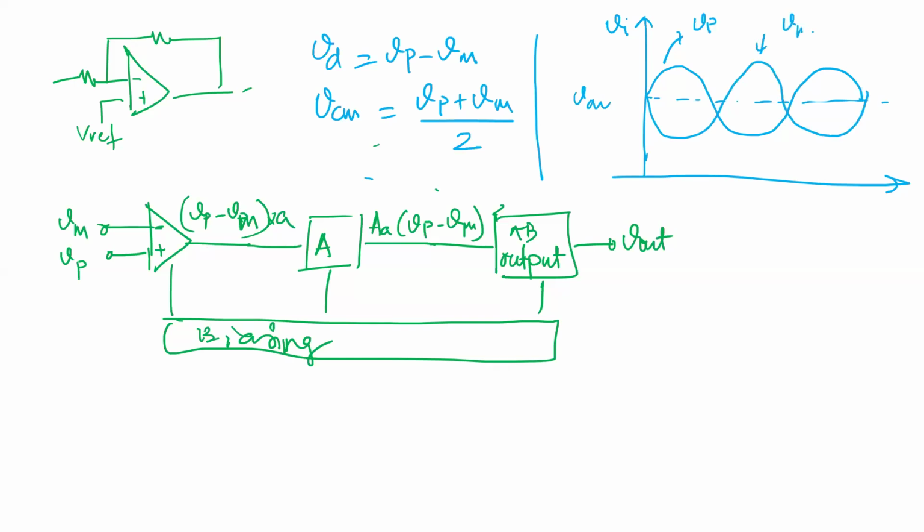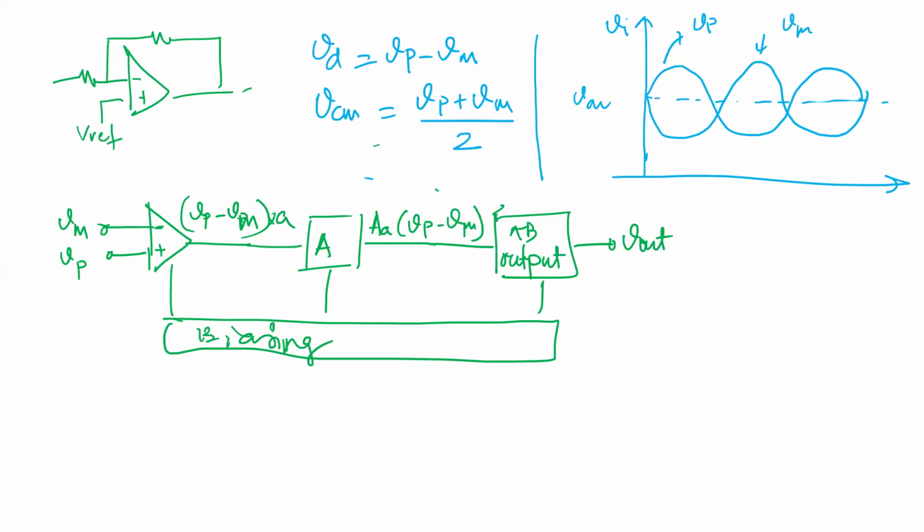So this will be Vm, right? So now if I take the difference of this, then the peak will be twice of that, and it will be a sine wave. And if I take the common mode, I take these two divided by 2, it will be basically that line. All right.